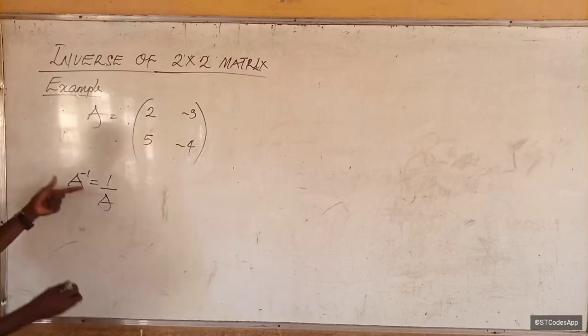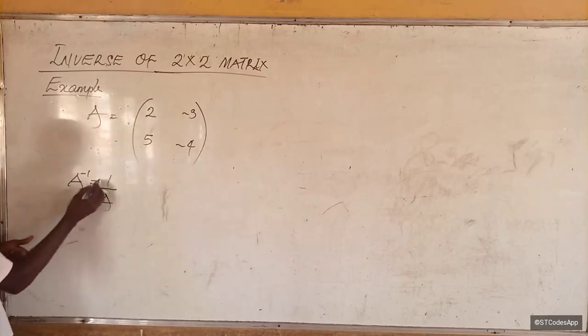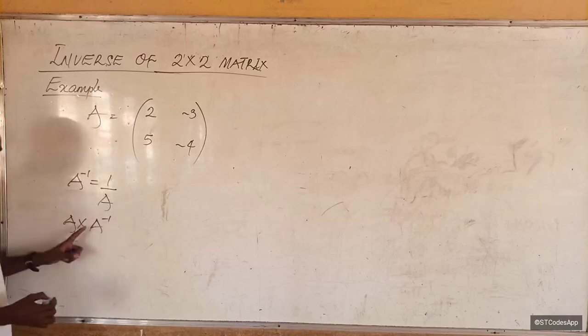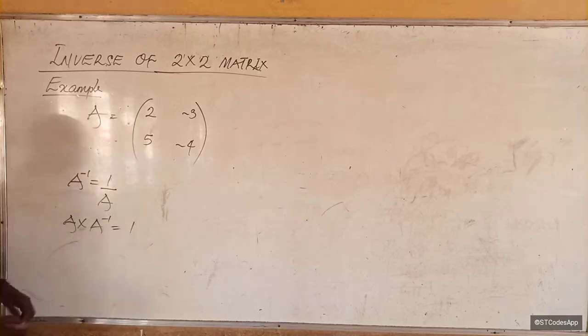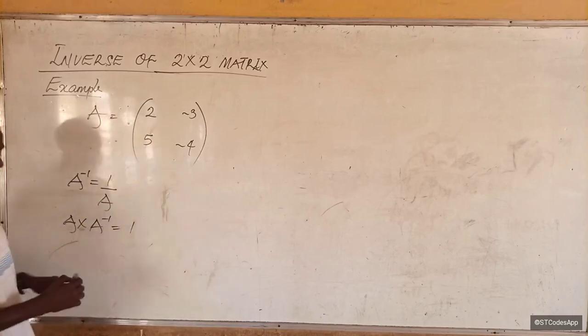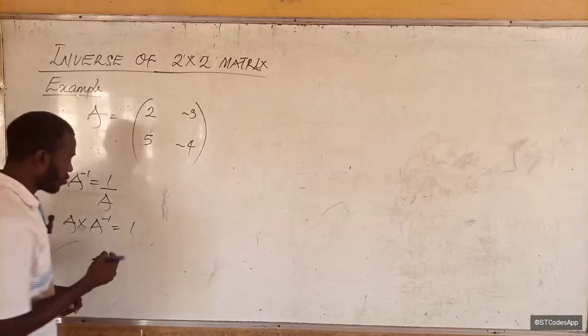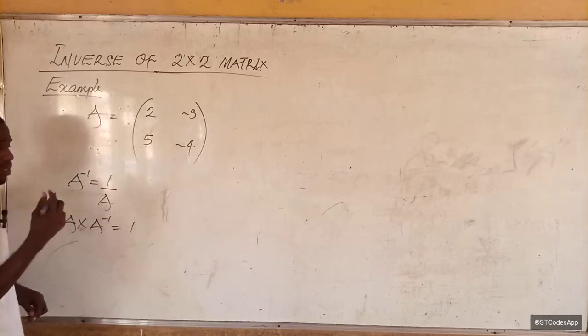So this shows us that if we cross multiply, A multiplied by its inverse should give us 1, which is an identity matrix. A matrix multiplied by its inverse will give an identity matrix. And what is an identity matrix?